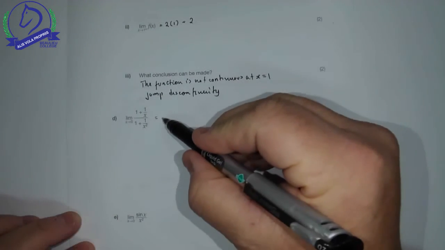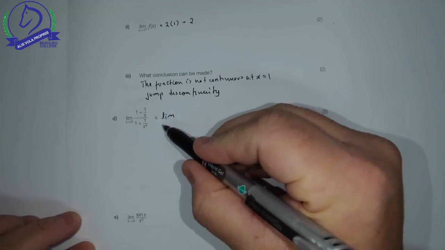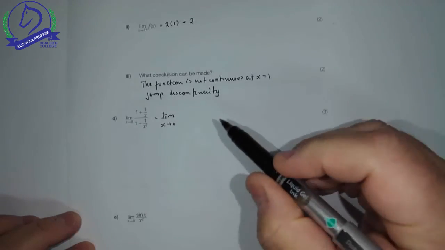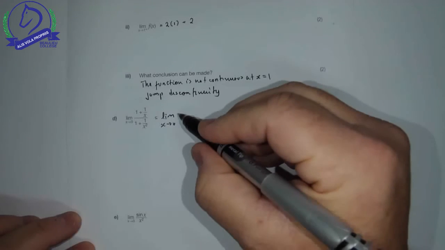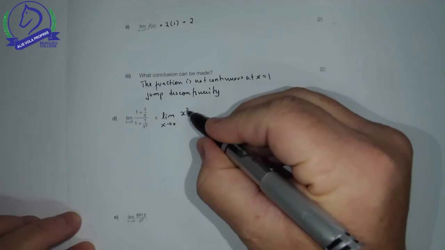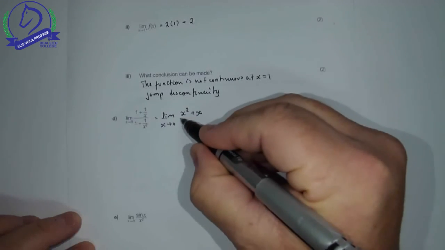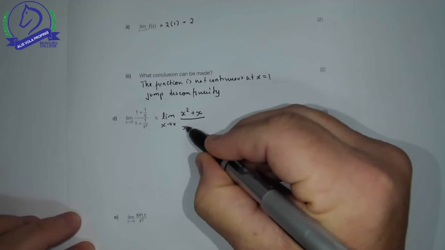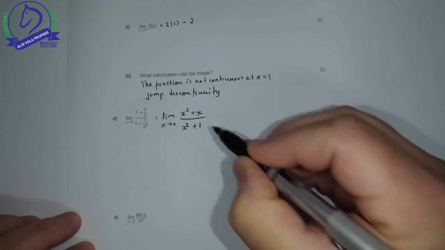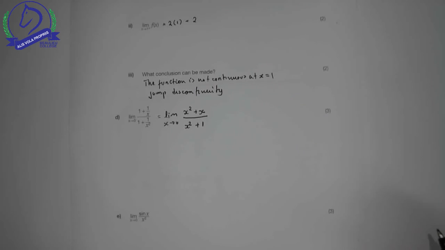So remember, I haven't calculated the limit, so I need to keep the word limit when x tends to 0. And if I multiply each term by x squared, that's going to give me (x squared plus x) over (x squared plus 1). Okay?